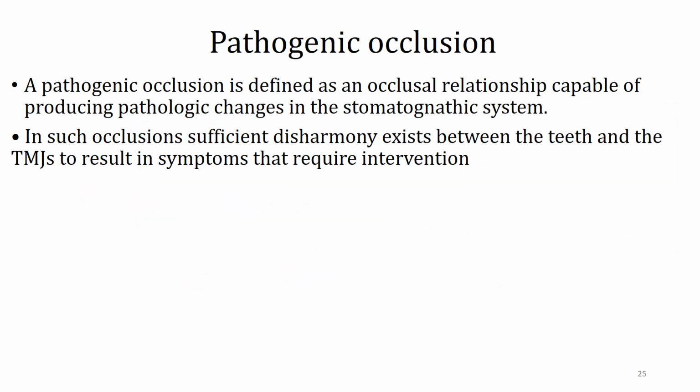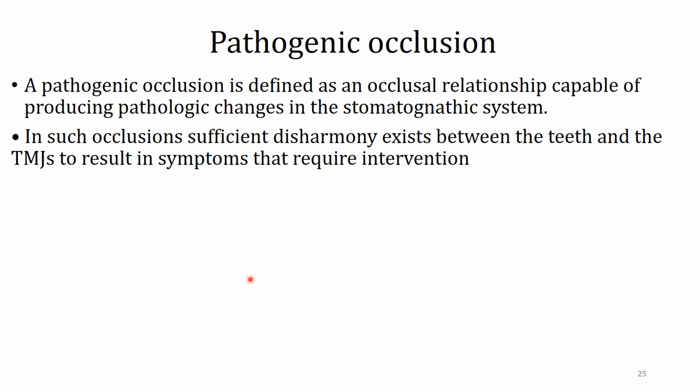Coming to pathogenic occlusion. Pathogenic occlusion is defined as an occlusion relationship capable of producing pathologic changes in the stomatognathic system. That means if it produces problems in our whole system, the TMJ, the muscles and the teeth, everything is affected, then it is a pathogenic occlusion.